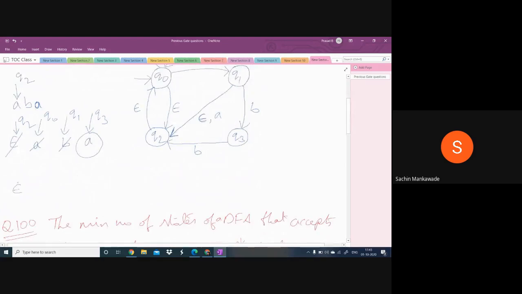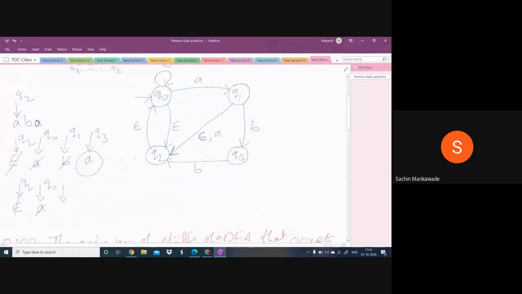In Q2, it takes epsilon. On epsilon, it goes to Q0. In Q0 on A, it goes to Q1. Now in Q1, instead of B, it takes epsilon. Look at this. Q1 has defined for epsilon. Q1 and epsilon, it comes to Q2.